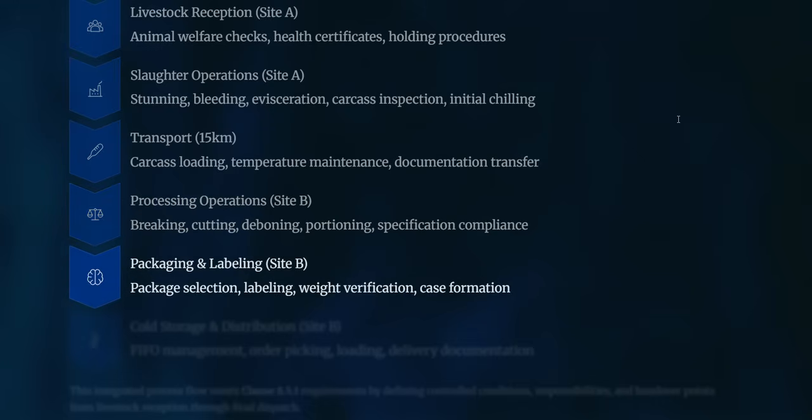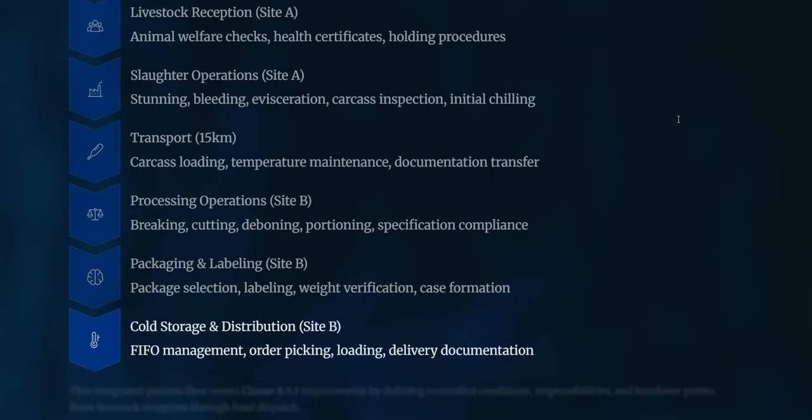Then we must map the packing and labeling at site B. And these must include packing selection, labeling, weight verification, and case formation. Then cold storage and distribution at site B must be met. And these must include first in, first out or FIFO management, order picking, loading, and delivery documentation.